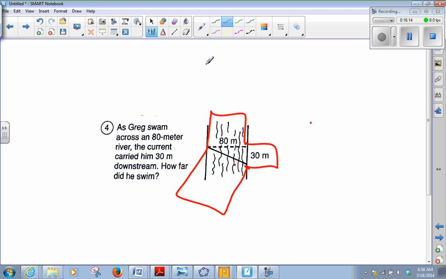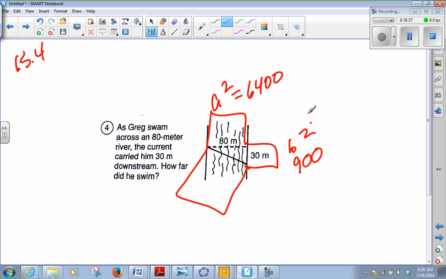So here, I'm going to call this A. So A squared, 80 times 80 is 6,400. Here, B squared, 30 times 30 is 900. Oh, sorry, I forgot again to tell you the answer should have been 65.4. So if you got that right, you can just keep on moving on to the next one.